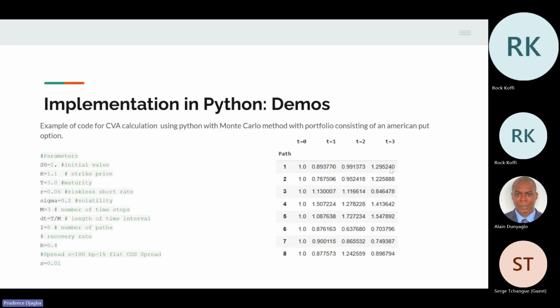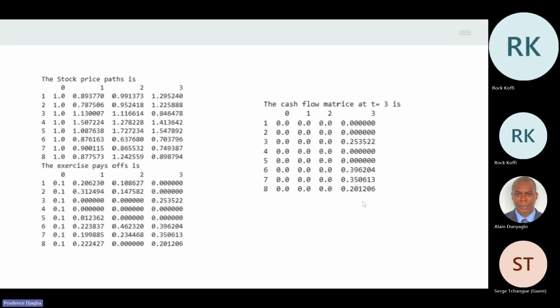So in our algorithm, what we need to do now is to first evaluate the exercise payoff. In our case, we are evaluating the price for an American put option. So the exercise payoff here is just the maximum of K minus S and 0. So that's what we evaluate there.